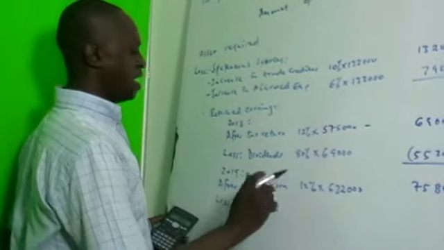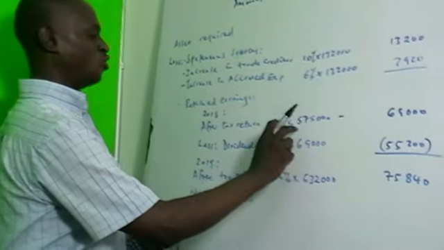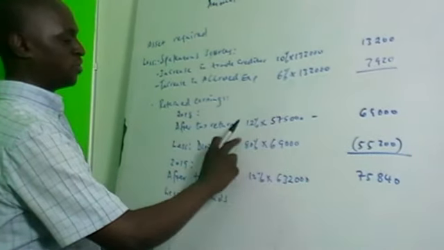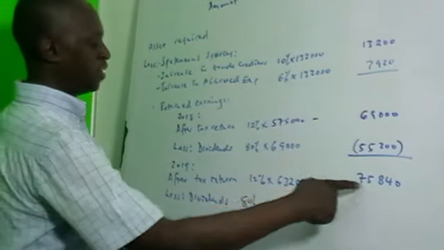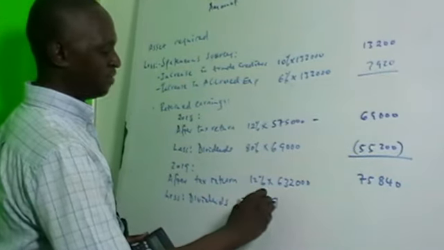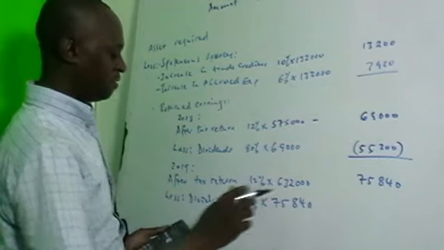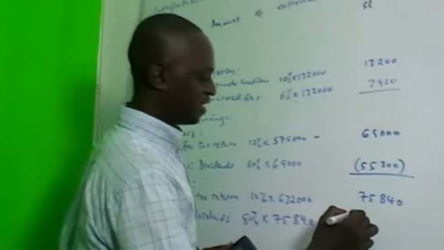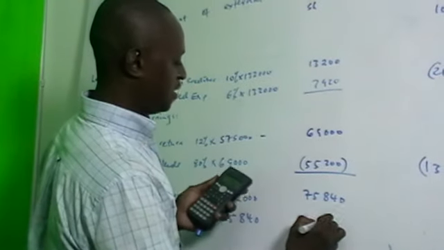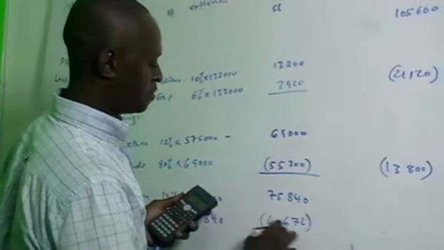Again, we are told that the company is going to maintain this payout ratio of 80%. So we have 80% of 75,840. That gives us 60,672.